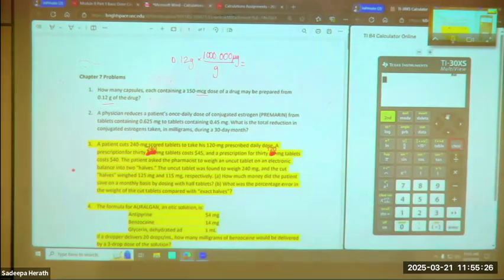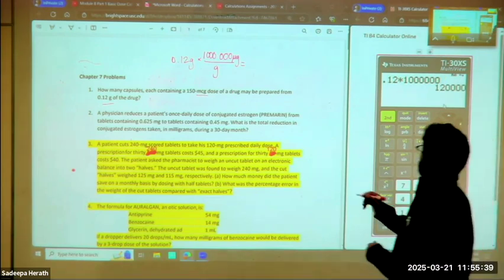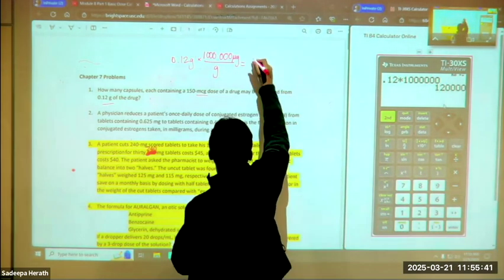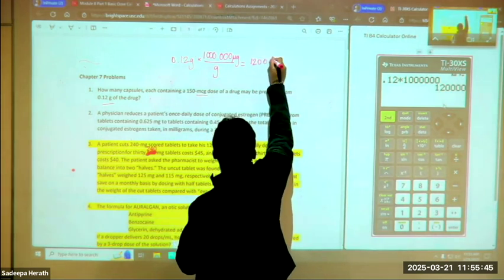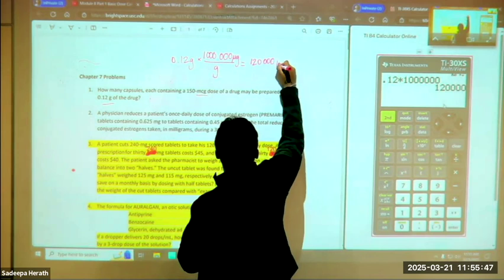So I'm not gonna zero those out. I'll use my calculator. Times 1, 2, 3, 4, 5, 6. 120,000. Probably could have figured that out. Micrograms.